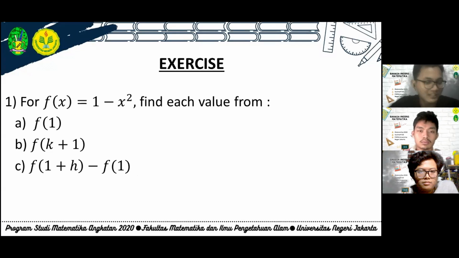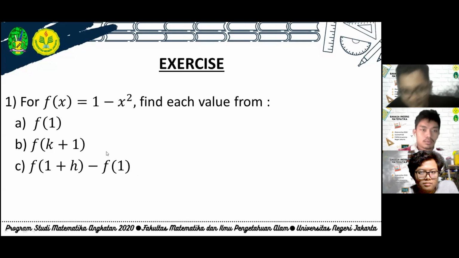Anybody want to try? May I? Yes. The answer B is minus k squared minus 2k. Sorry, can you tell again?